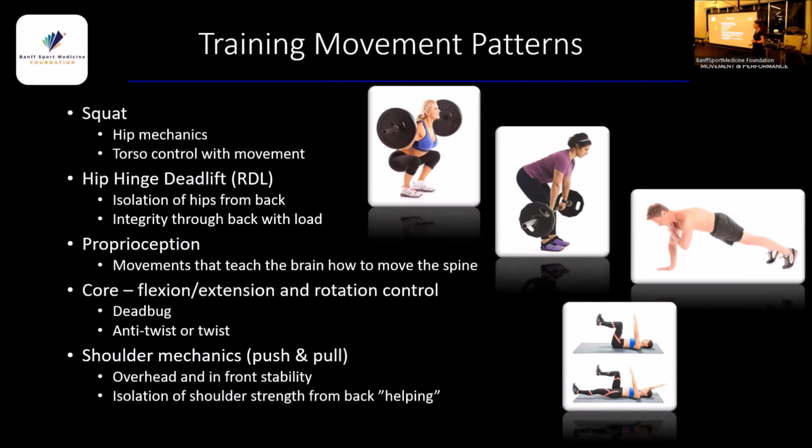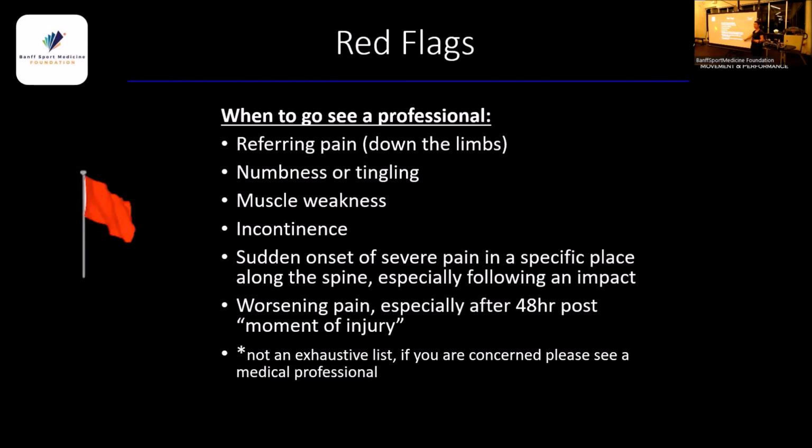Okay, this is an important piece too. Now, I'm going to say this is not an exhaustive list, and if you are worried, please just go see a doctor. So things that are not great are recurring pain down your limbs, numbness, tingling, muscle weakness, incontinence. This is mostly in the case of a spinal injury kind of thing, you know, or a fracture.